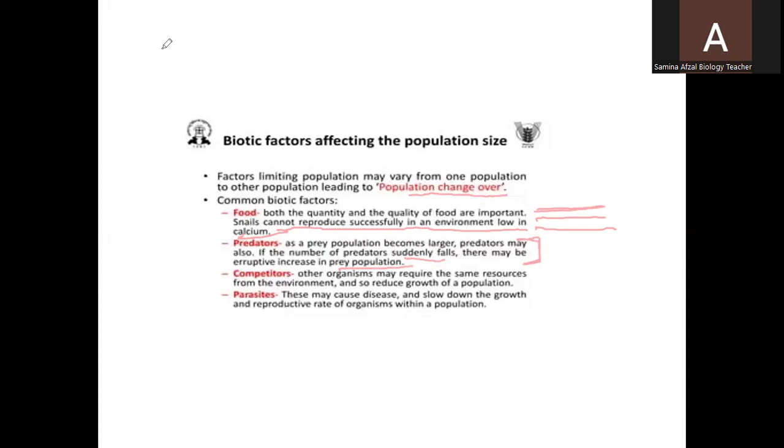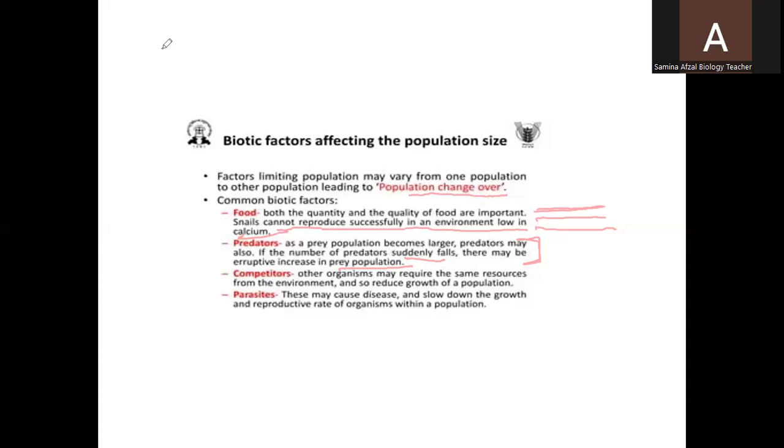If there is no predation, the number of prey will increase. And if there is no prey, the predators will die. So in this way, there will be an imbalance in the ecosystem, which should not be produced. So there should be a genuine number of prey and predators.